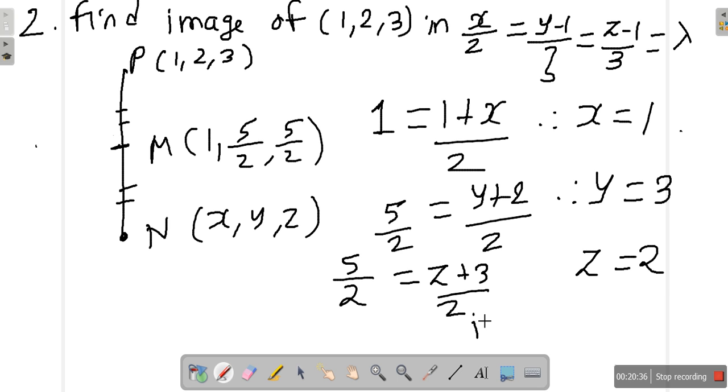So what is the image? The image of the point is coming as 1, 3, 2. So this is the image of point P in the line.